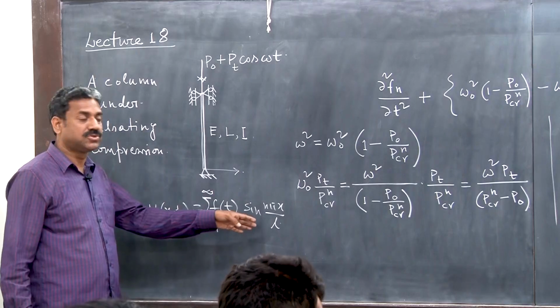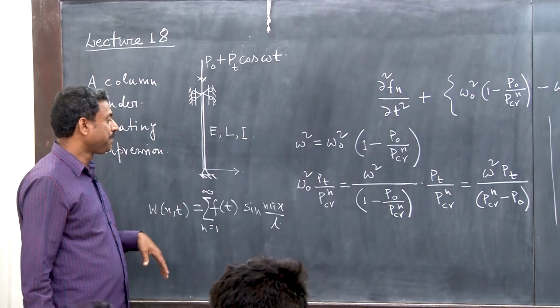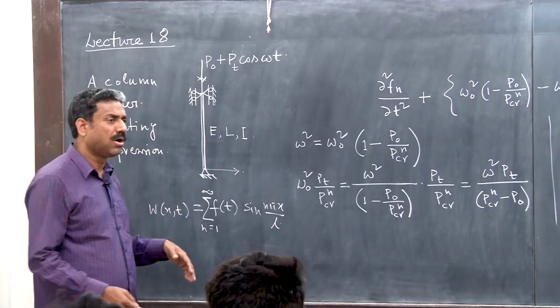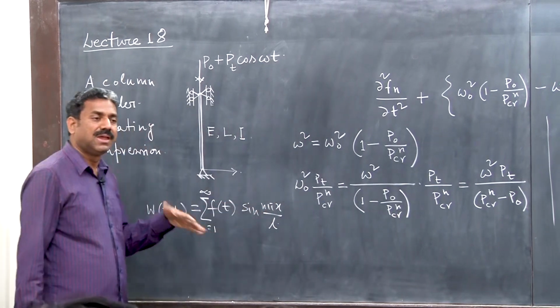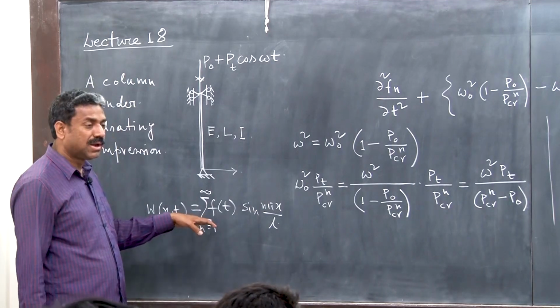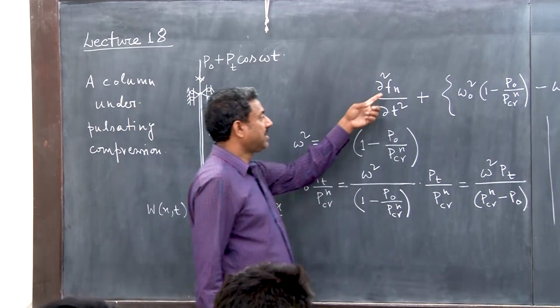When we assume a sinusoidal form, it satisfies all the boundary conditions, and then we substituted. So essentially a separation of variables automatically occurs. The spatial part we have assumed, so we don't have anything to do with that. We are right now interested in the temporal part.